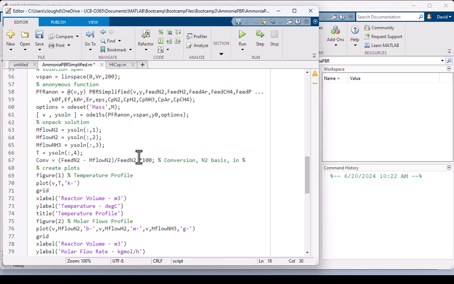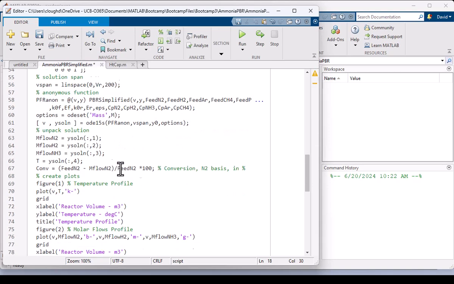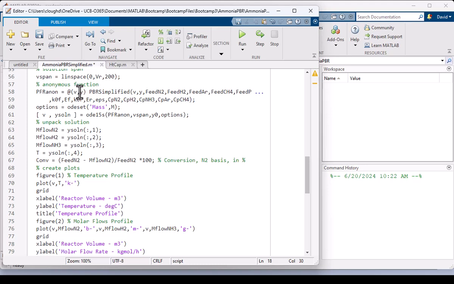And here we say that we've got volume V as the independent variable and Y as an array of our 4 variables that we're solving for, both differential and algebraic, and then we relate that to a function called PBR simplified, which includes the V and the Y, but then includes a very long list of parameters that we have set here that we now want to be made available to PBR simplified. And this we have done before.